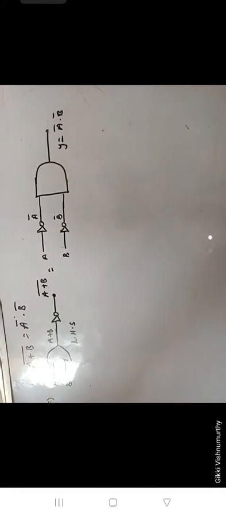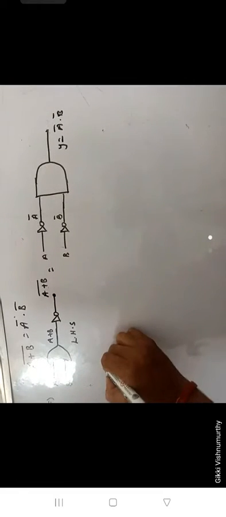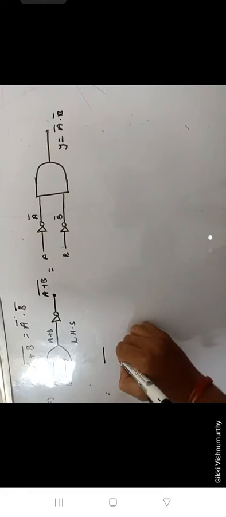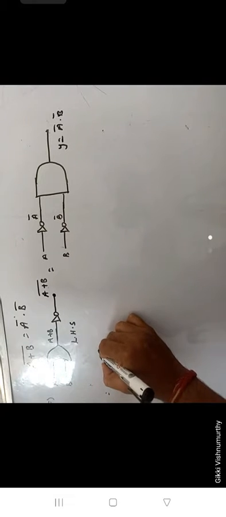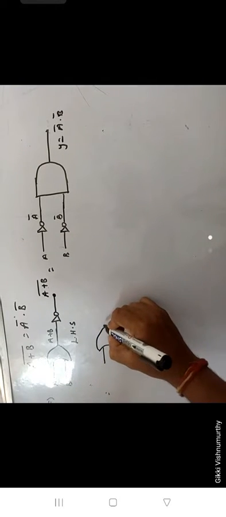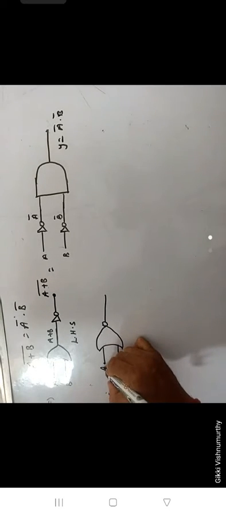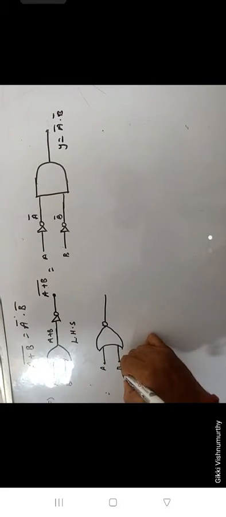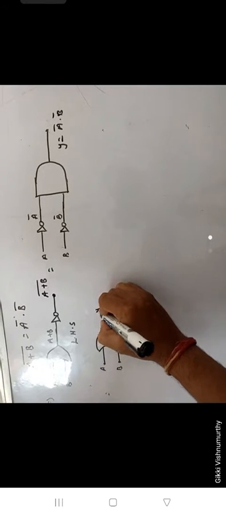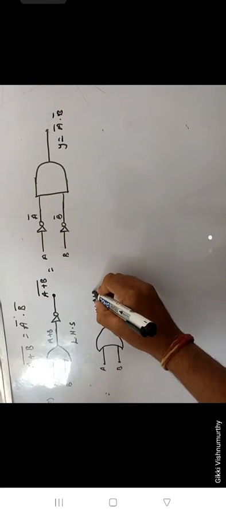We also have the equivalent circuit. Here is the OR gate with inputs A and B, and here we place the bubble. That bubble means a NOT gate is present. Therefore Y is equal to (A + B) bar.